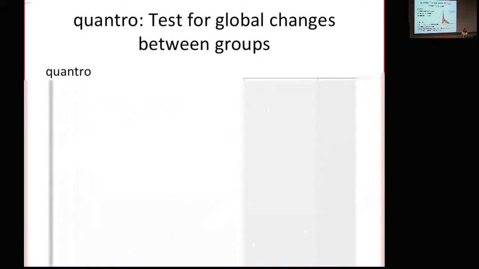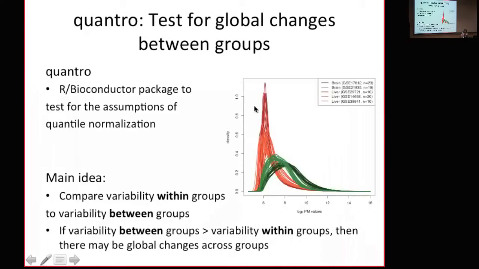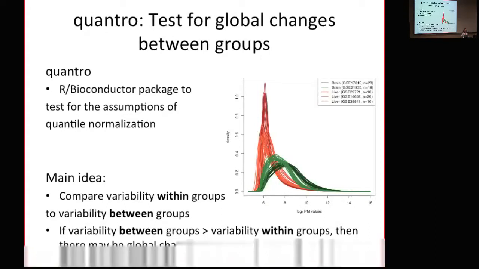So I'm comparing the 36 distributions here, or I guess these two sets of distributions, and asking, is the variability that I see inside the liver tissue and inside the brain tissue larger than the variability across the tissues? And in this case, the variability across the tissues is much larger. Does that make sense?